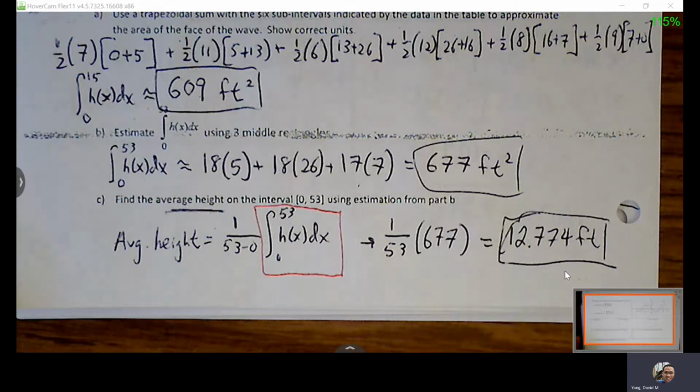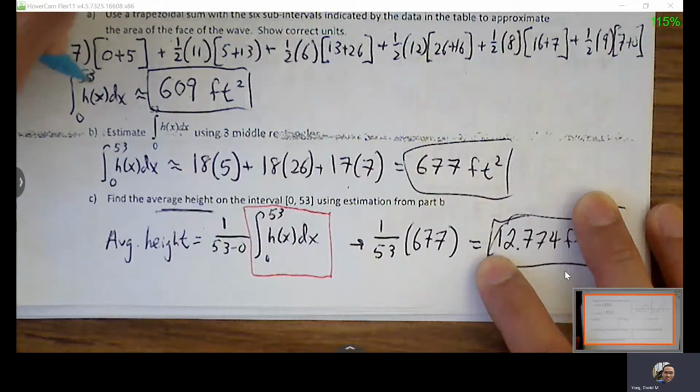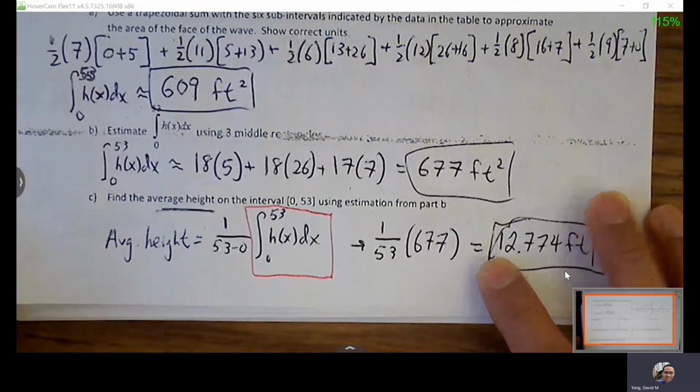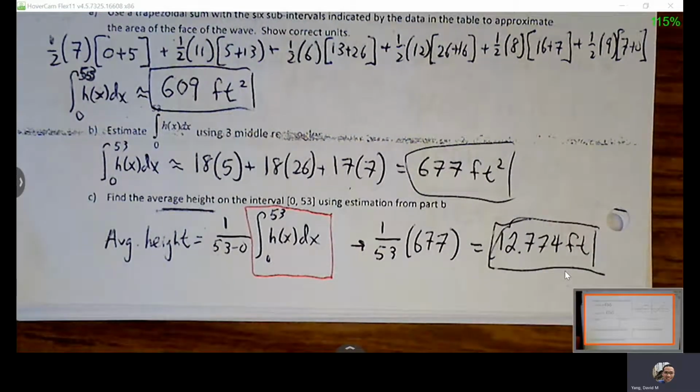Sorry, 53, not 15. Because I'm facing this, I want relative max, relative min.